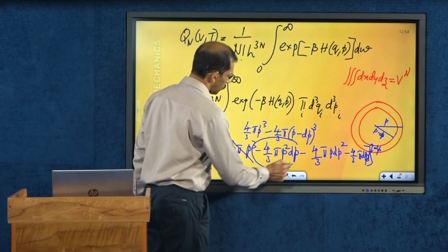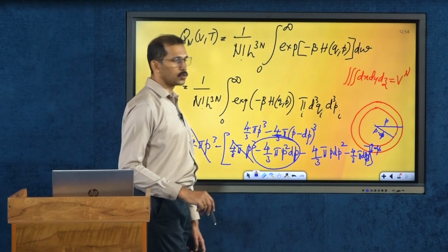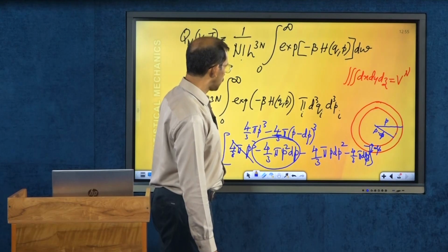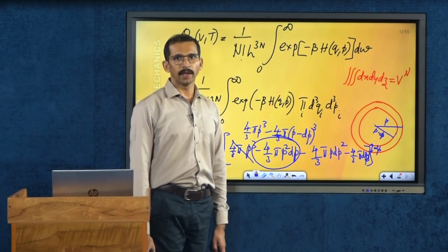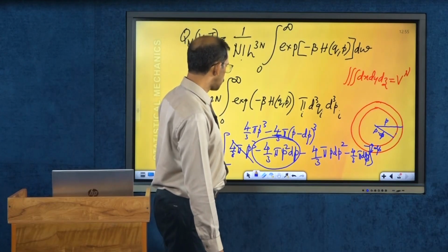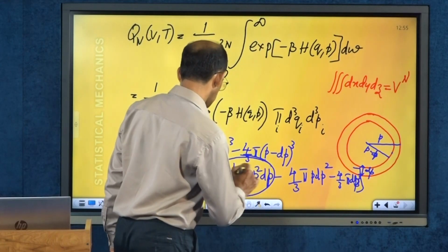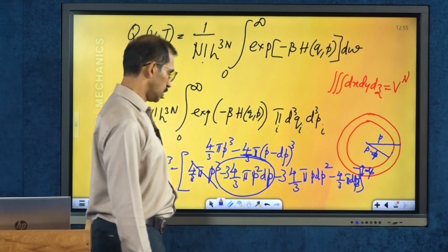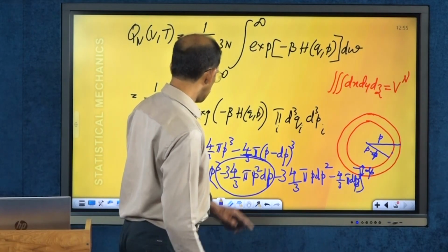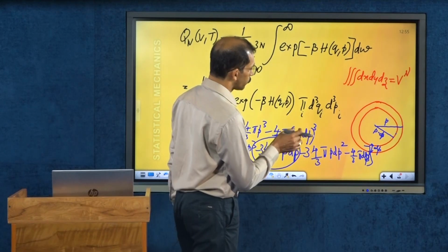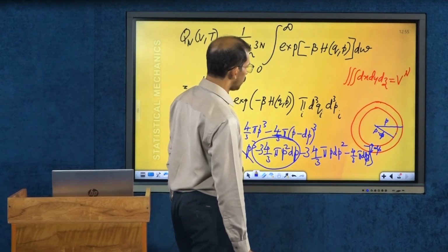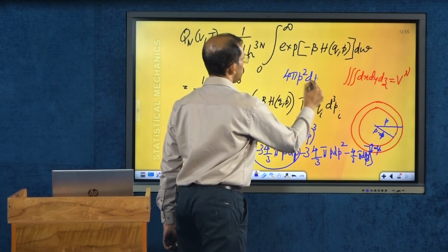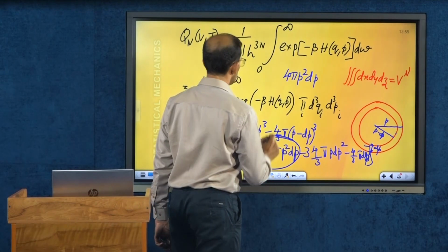The only factor which will remain is this one, 4 by 3 pi p squared dp, and therefore I can write the integral value as equal to 4 pi p squared dp. Yeah, so there's a 3, right. I need to multiply it by 3 also, which I forgot. So, therefore, the volume of the shell which I have imagined, I can write as equal to 4 pi p squared dp, which is what?